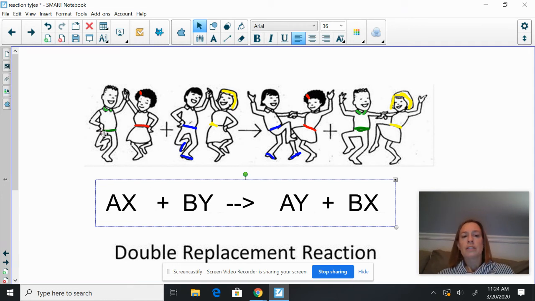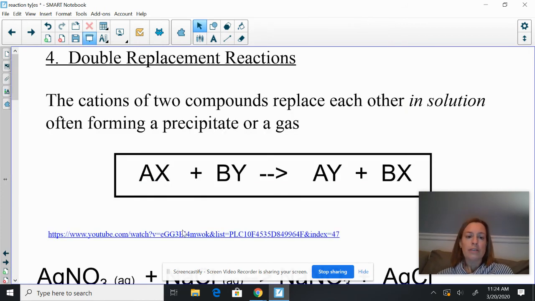Again, this guy in green is still the first thing in this compound. The guy in blue is still the first thing. They represent cations. Metals always get written first. Non-metals or anions are always written second. All right, let's see if I can show you an example of a double replacement reaction.